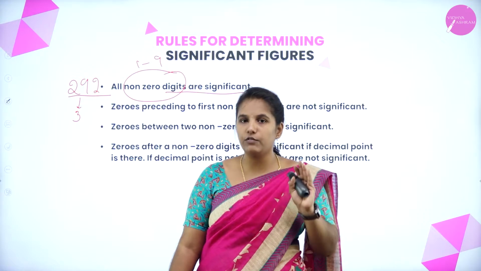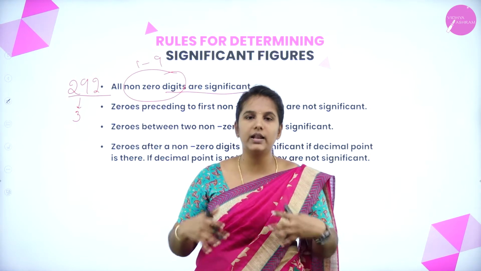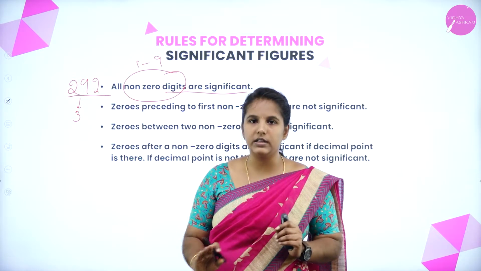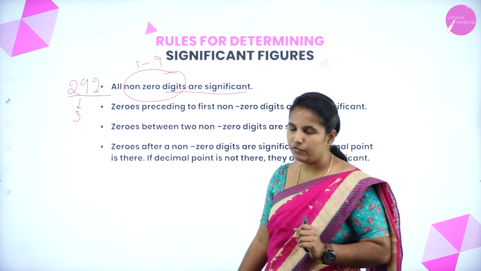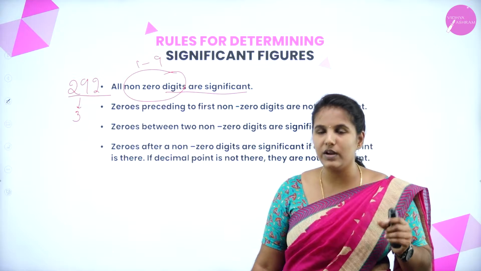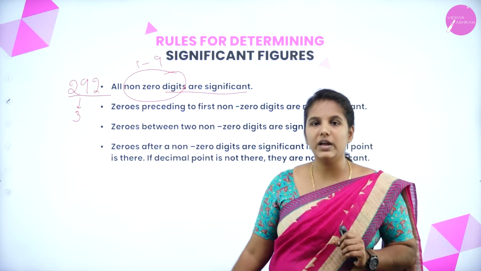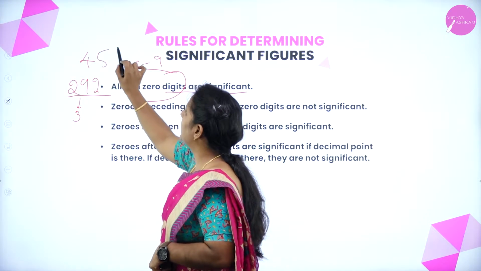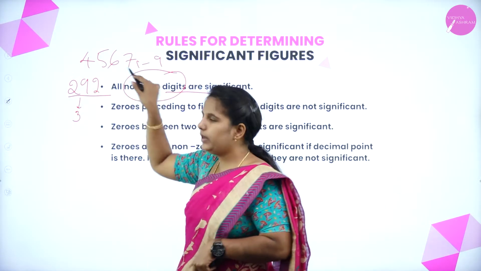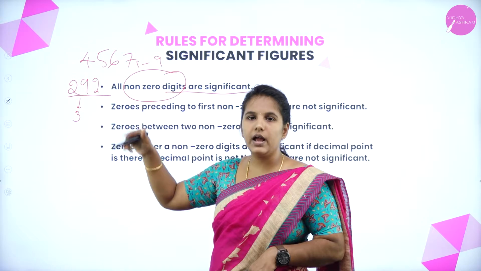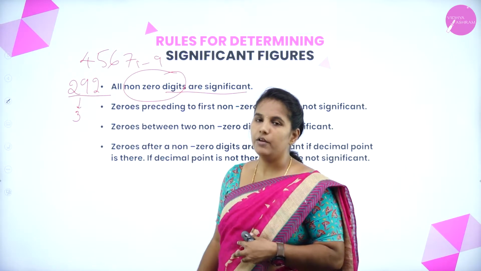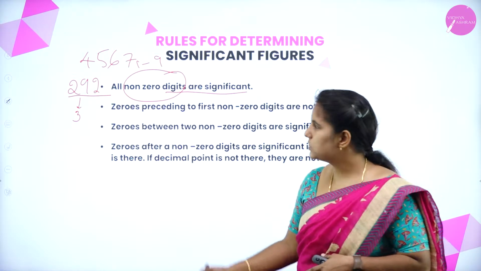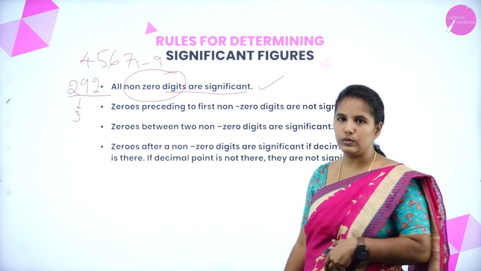From 1 to 9, if you write any digits, that comes under the significant figures, and you can easily identify the significant figures from that digit. Another example I can give you is 4567. How many significant figures are there now? There are 4 significant figures in the above example. So that is the first rule.